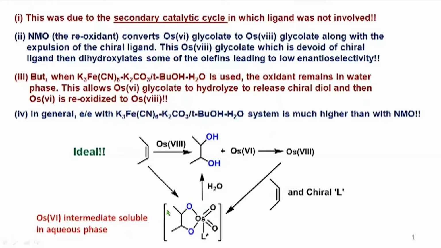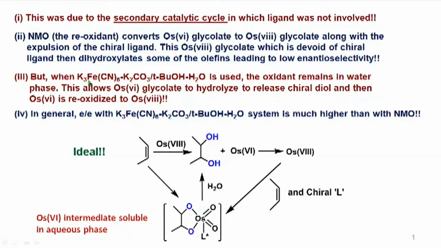That means when this osmium 6 intermediate is reoxidized with NMO, it forms an osmium 8 glycolate, but then the ligand comes off. This osmium 8 glycolate, which is devoid of chiral ligand, then dihydroxylates some of the olefins, and that leads to low enantioselectivity, because chiral ligand is not present.